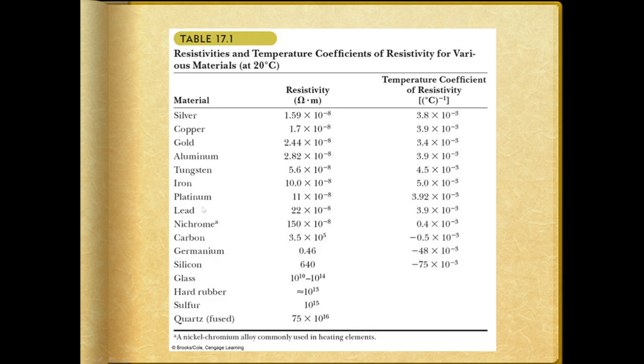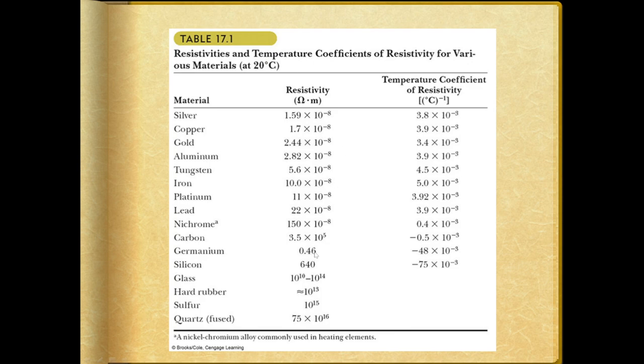of various materials. Looking at this particular list, we can see that all the metals here, the list starts with metals, they all have very low resistivity constants. They're all on the order of times 10 to the negative 8th.